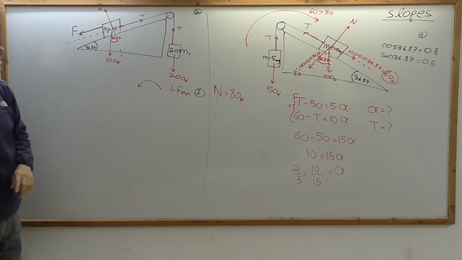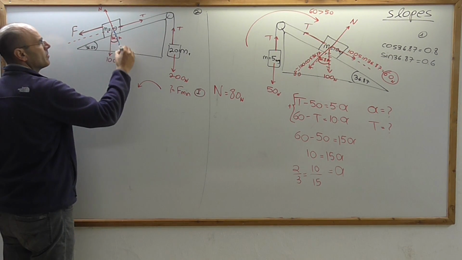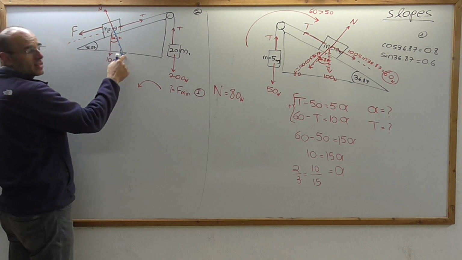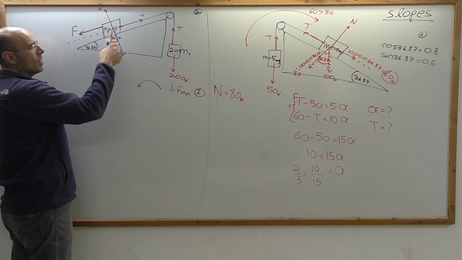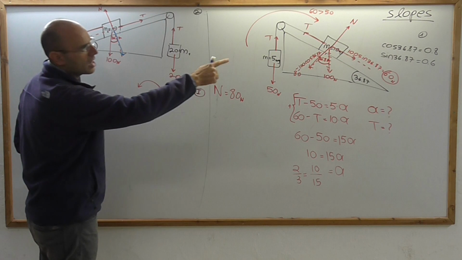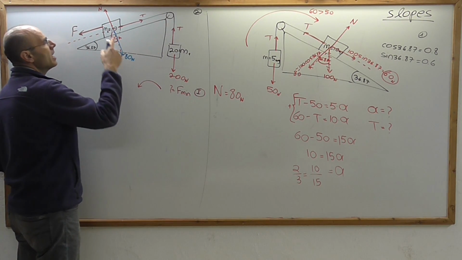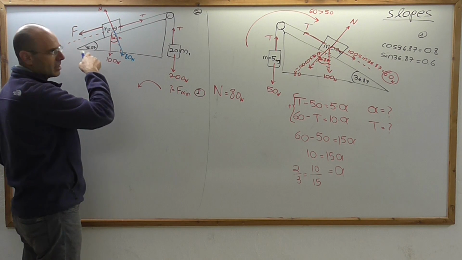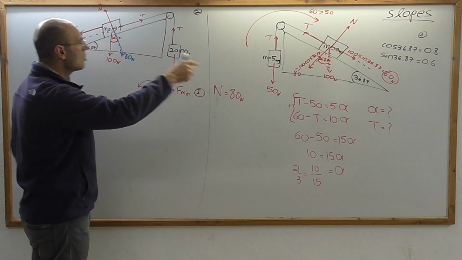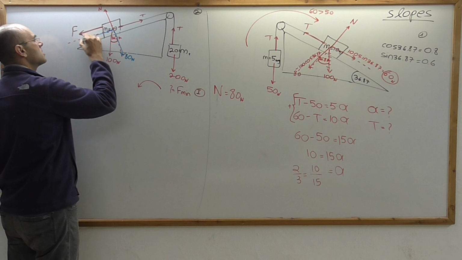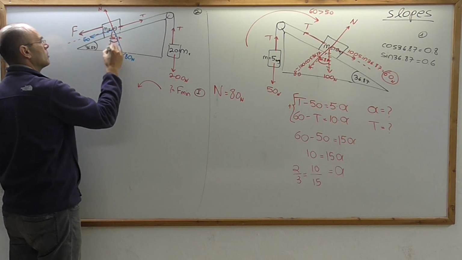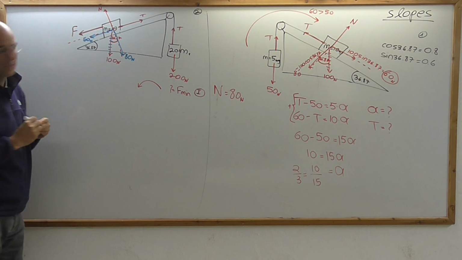So when I break it into its components, I have here the 100 cosine because it's next to the angle. 100 cosine is 100 multiplied by 0.8, it's 80. And 100 sine is 100 multiplied by 0.6, which is 60. And I wipe it off, 60 newtons.